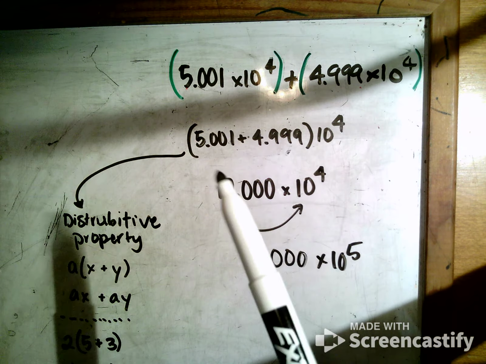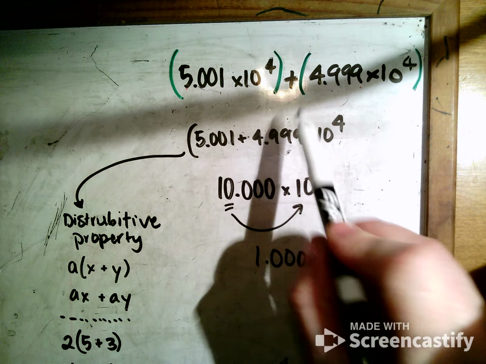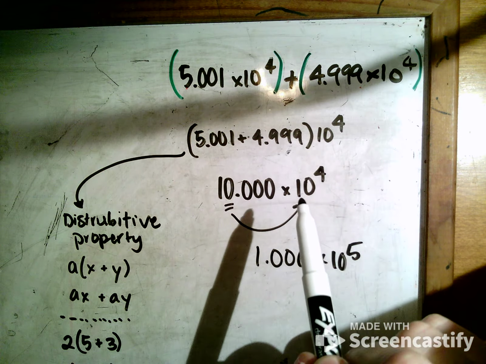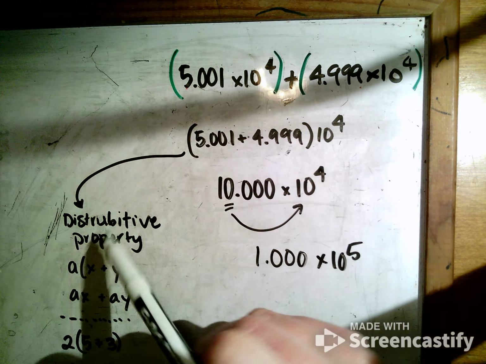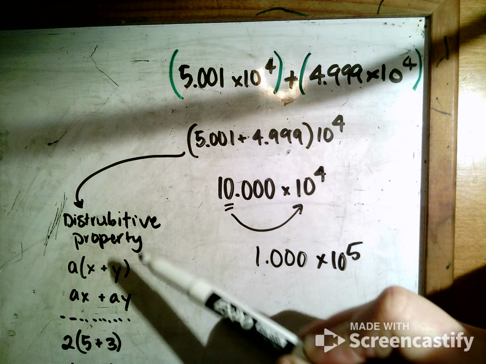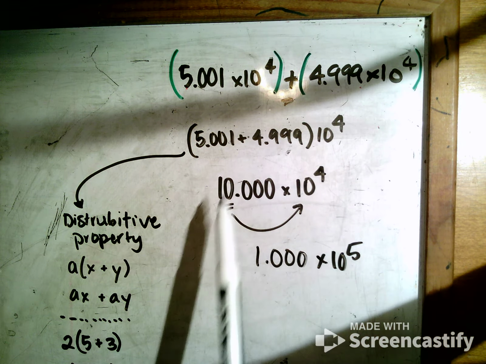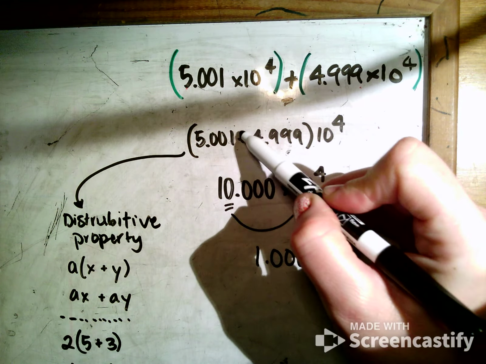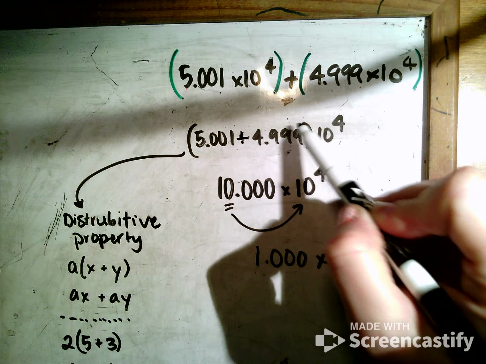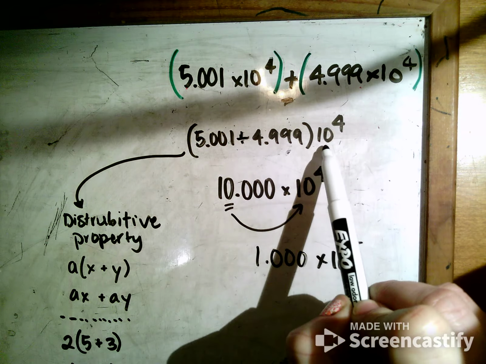With any addition problem using scientific notation, it's a lot like any of these problems over here that are examples of the distributive property. And I want to just set that up. When you have some kind of expression within a parenthesis, and there is a value outside of that parenthesis that's going to be multiplied by whatever's on the inside, we can apply what is called the distributive property.